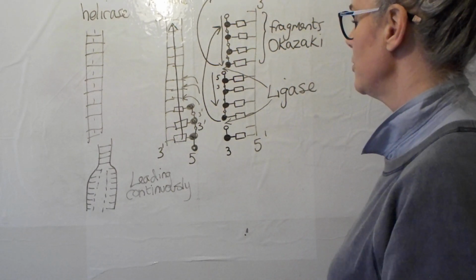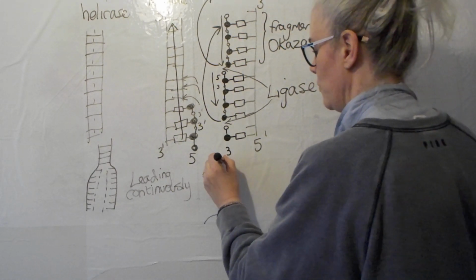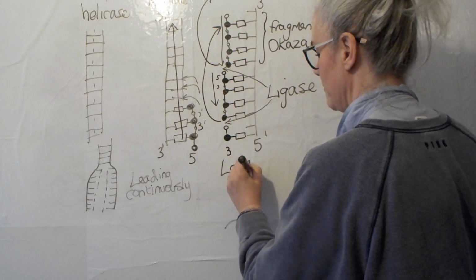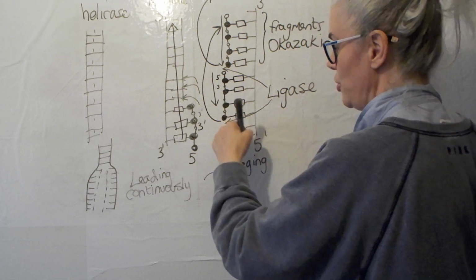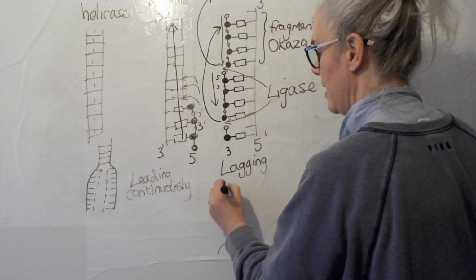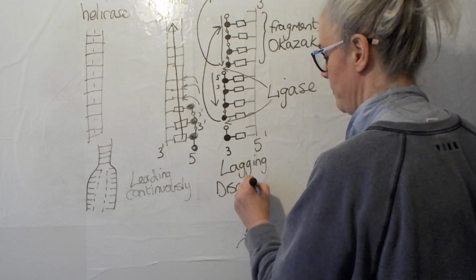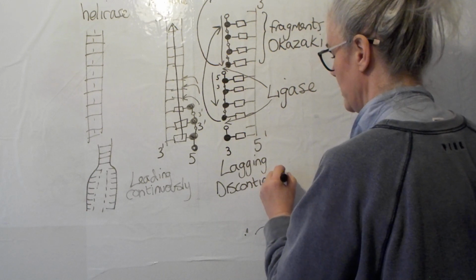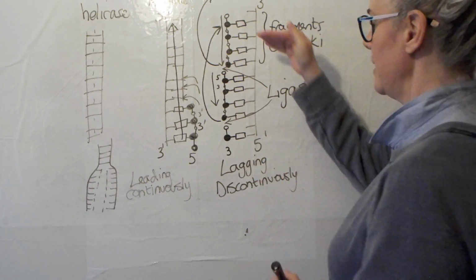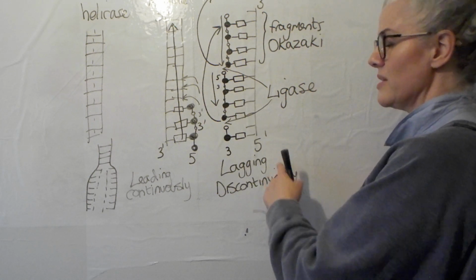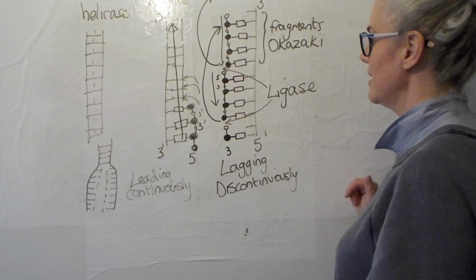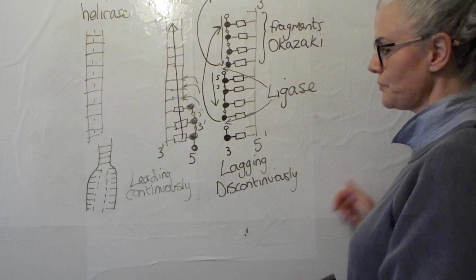But all you really need to know is that on this strand, which is called the lagging strand, the DNA nucleotides are added in discontinuously. They're added in sections, kind of going the wrong way. So that's why this is called the lagging strand. It's always lagging slightly behind.